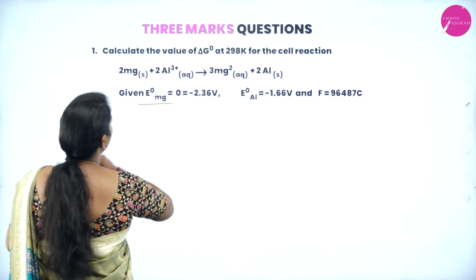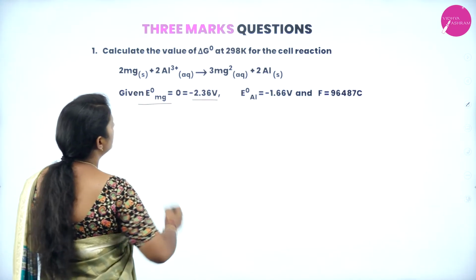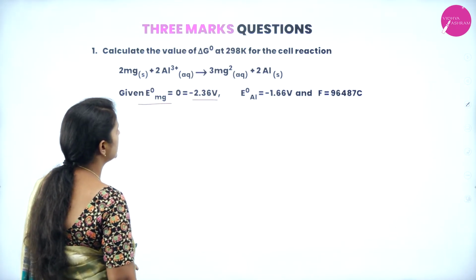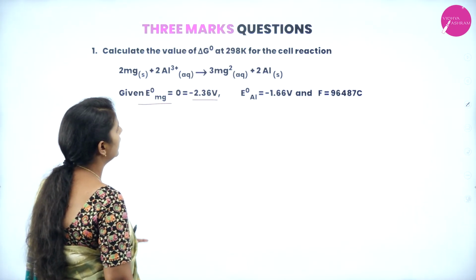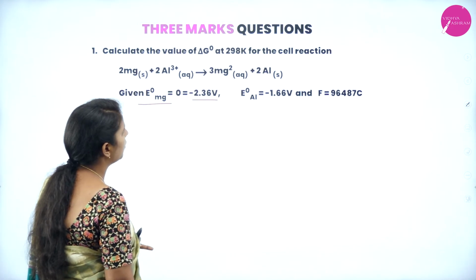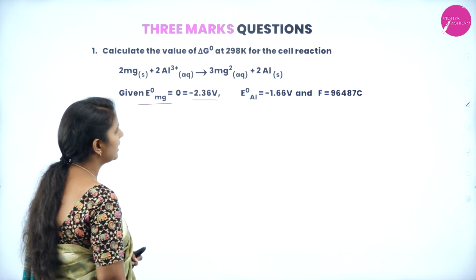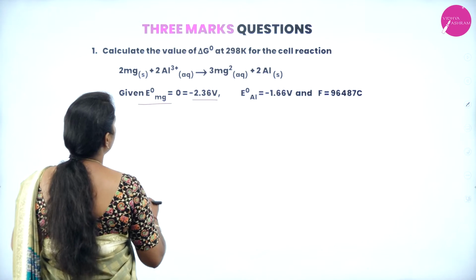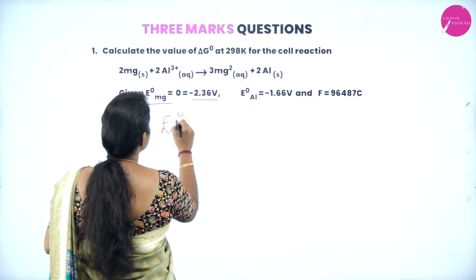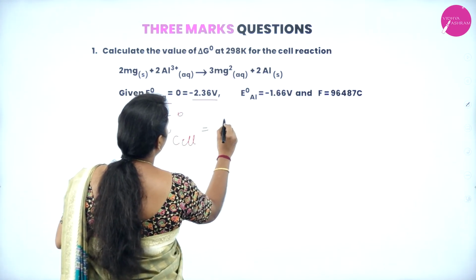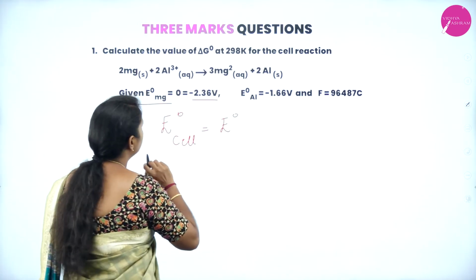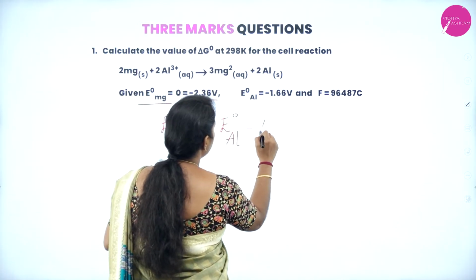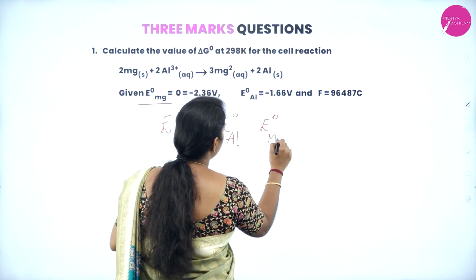Given E0 of Mg is minus 2.36 volt and E0 of aluminum is minus 1.66 volt, and the Faraday value they have given. So we need to calculate E0 of the cell first. It is obtained by E0 of the aluminum minus E0 of the magnesium.